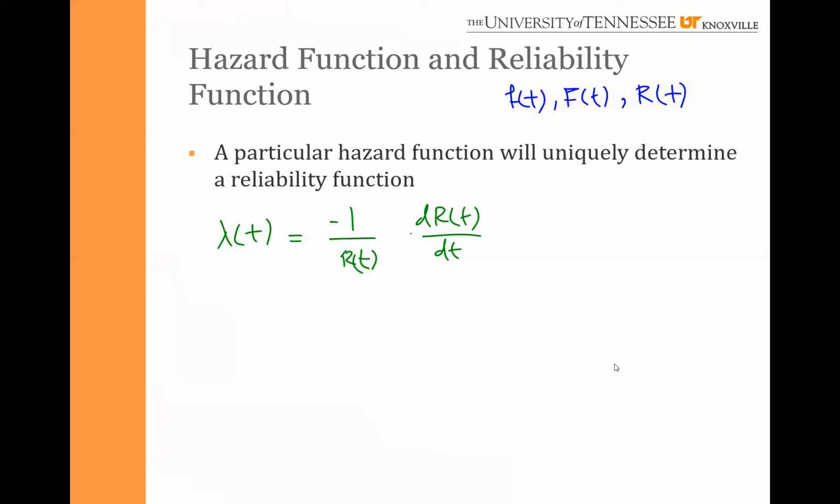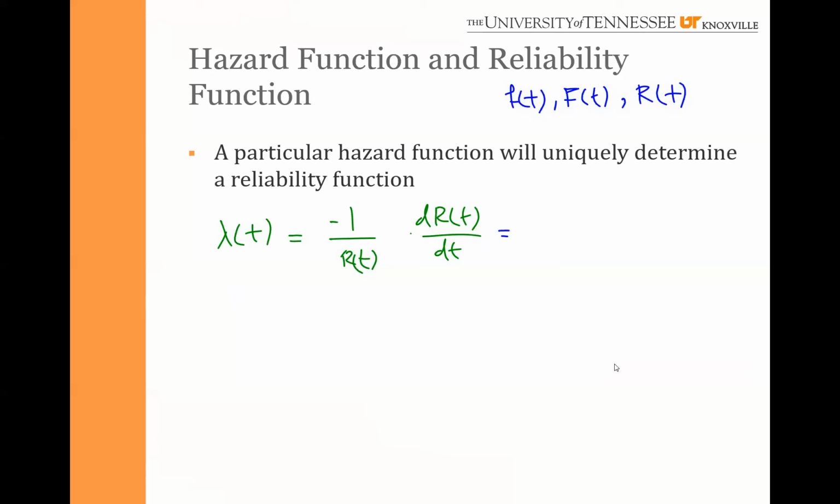So we could move from any of these functions to the other one. Here, I've shown that I can go from R to lambda. Now the question is, can I go from lambda to R? If I can say yes to that, then I can move across all these 4 functions. If you calculate one, you can move to the other one. So it's very useful if I can show the other way also holds. Okay, so let's look at that.